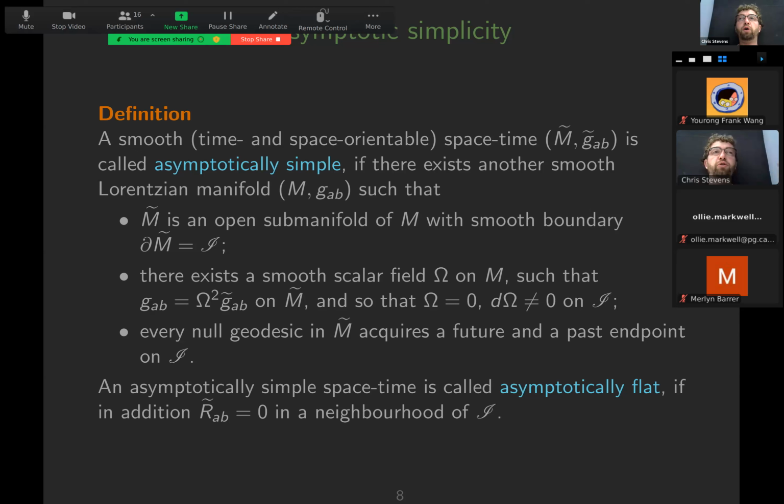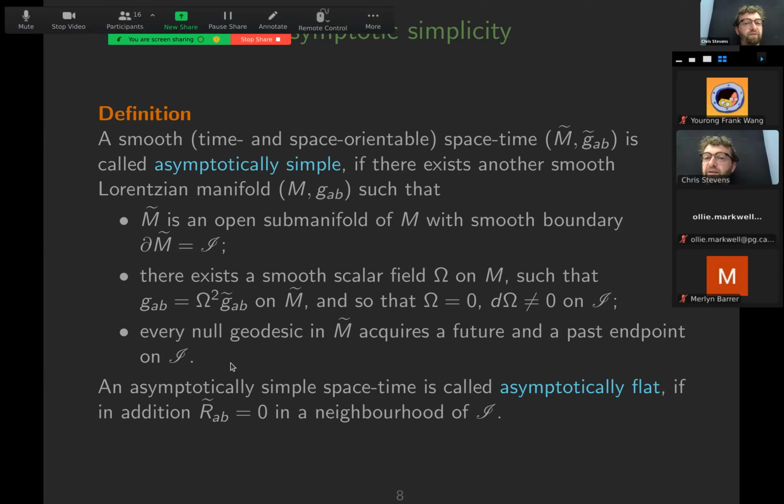So you can do local differential geometry rather than limiting processes out to infinity, which is quite advantageous. There exists a conformal factor so that we can conformally rescale the physical metric to get the conformal one. Importantly, the conformal boundary is given by the vanishing of this function.